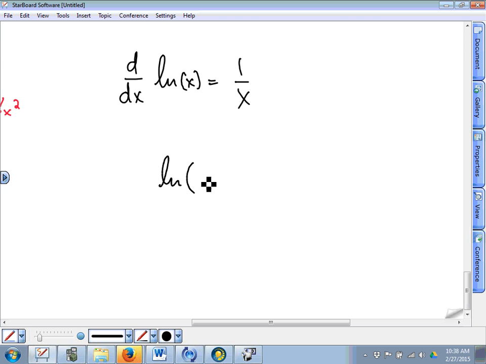So quite often they put absolute value, in case u is negative. That doesn't change the derivative, though. Even if the expression's inside an absolute value, the derivative is still u prime over u.